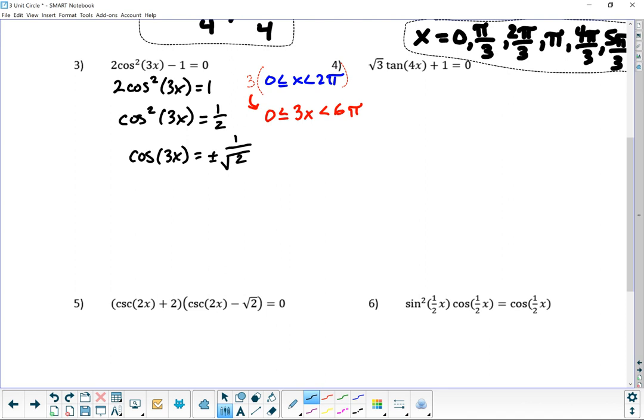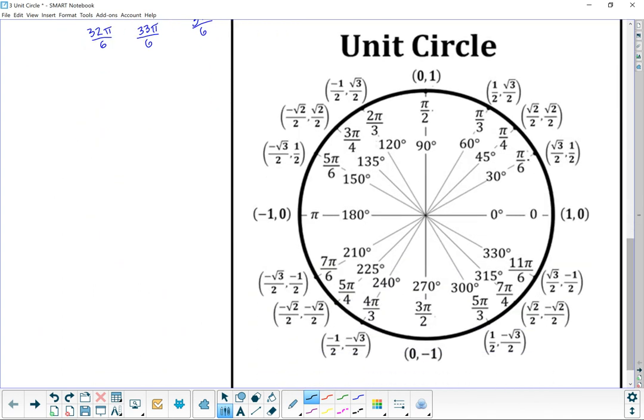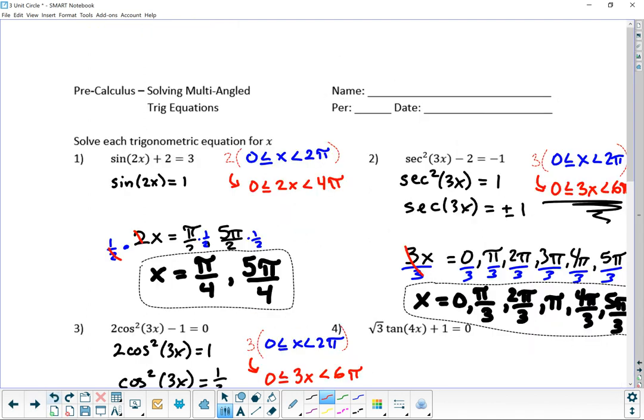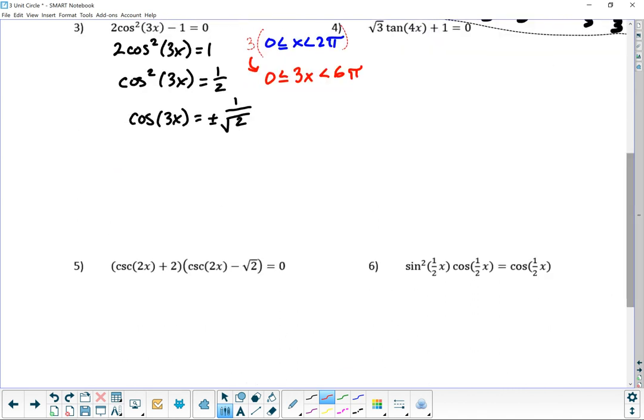And because this is the cosine, if you look at your unit circle, cosine actually shows up on the unit circle. Cosine are these x values. These are all cosines. So because it shows up on the unit circle, I want to make sure that I have my solutions as nice as possible, which means that I will need to rationalize this one.